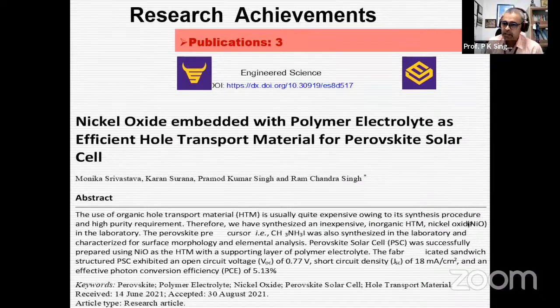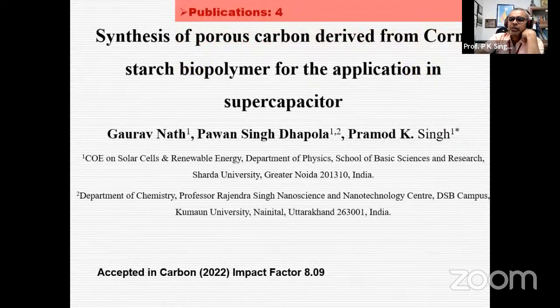Those who earlier worked with dye-sensitized solar cells are now shifting to perovskite solar cells, because perovskite material now plays a dominant role as a replacement for dye. We also used this carbon-based material in perovskite solar cells and got very good results. The same carbon material derived from plastic waste has been used in EDLC and in perovskite solar cells, and we have published a very good paper.